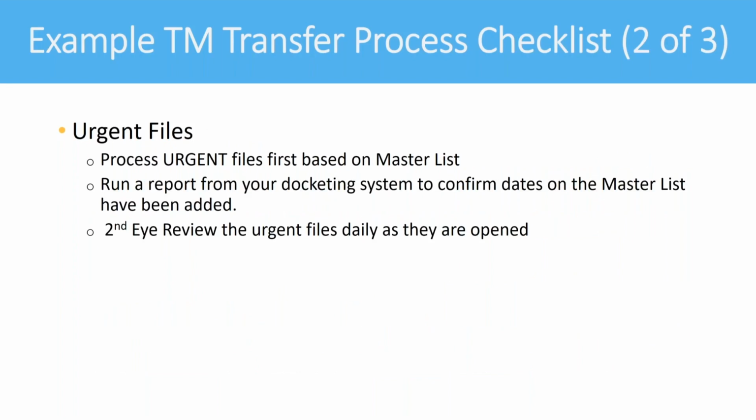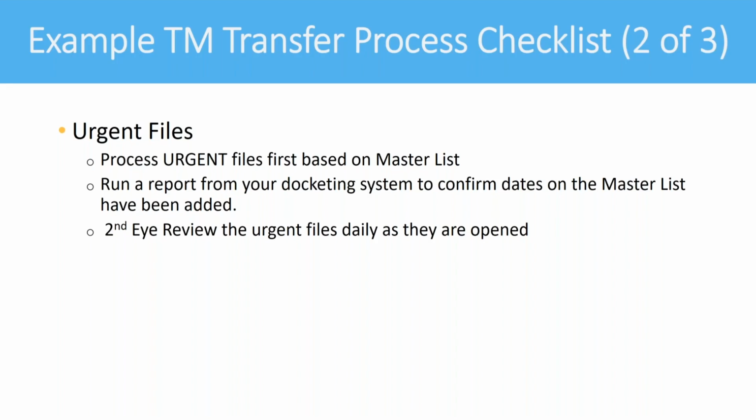What next? So then we have to go for urgent files that you were going to share with us. Okay. So the top priority when you're handling a transfer is those short turnaround deadlines, those urgent files. And ideally, when you built that master list during your triage process, you've identified those urgent files on that master list.